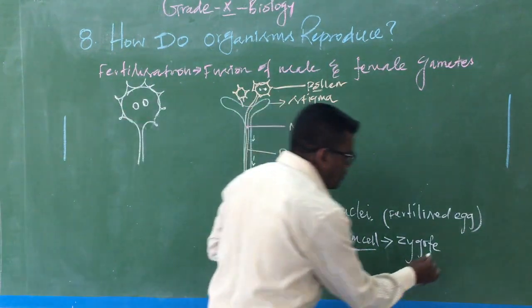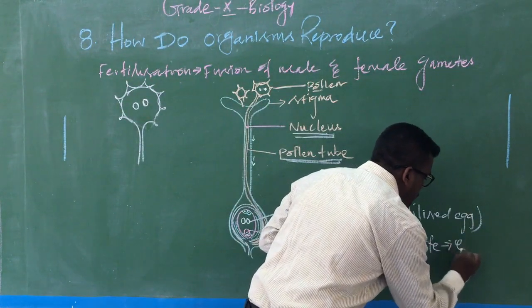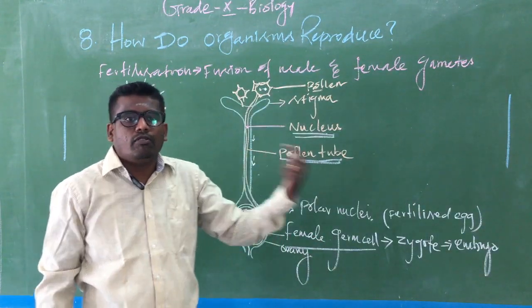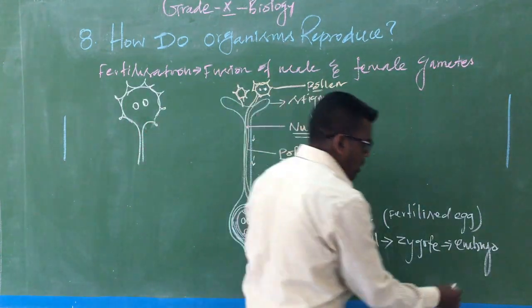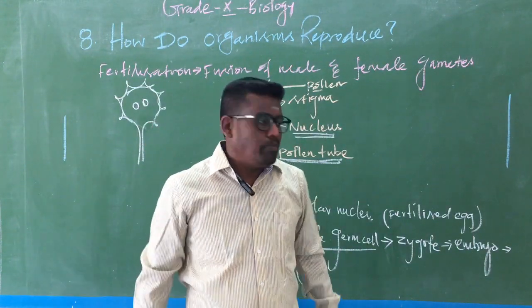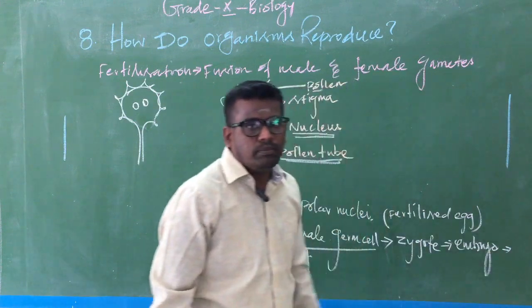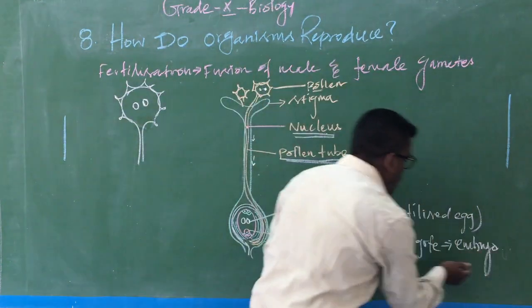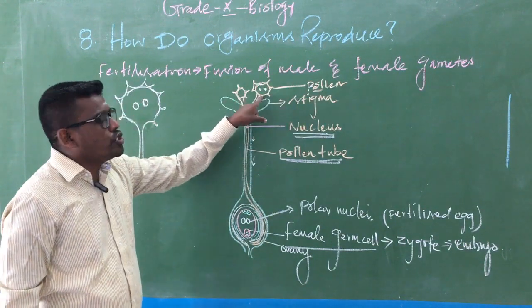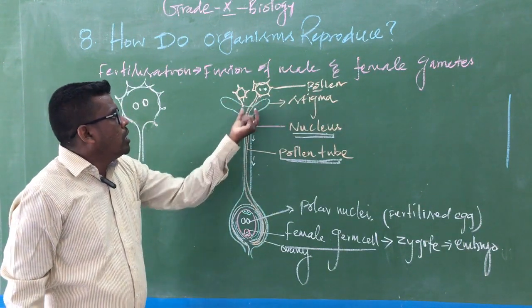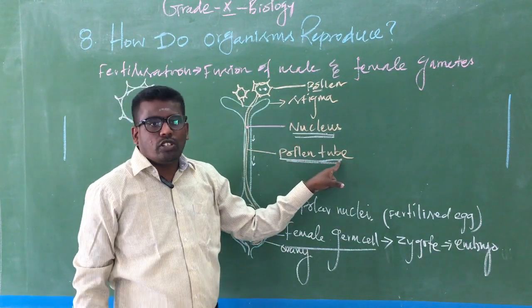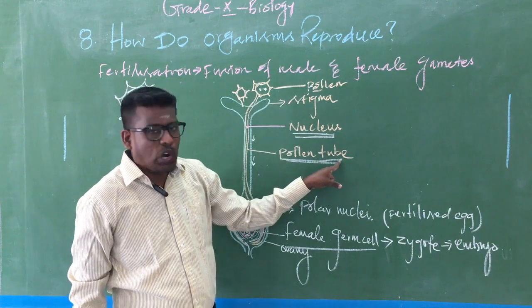After the zygote, the embryo will form. The embryo contains the future plant, and from it the seeds will form. So this is one process. Again, the pollen grain, after reaching the stigma, grows and forms a tube-like structure called the pollen tube.